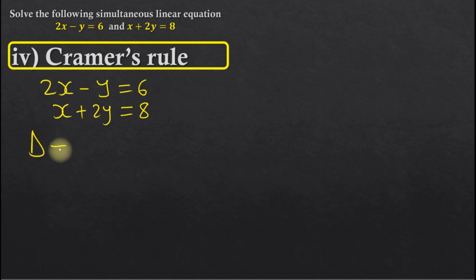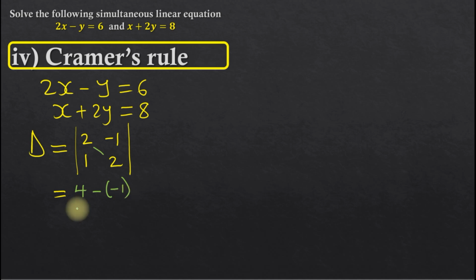So here I take 2, minus 1, 1, 2. To get the determinant, multiply the elements in the main diagonal, 2 times 2, that is 4, minus the product of the elements in the other diagonal, which we get as 5.